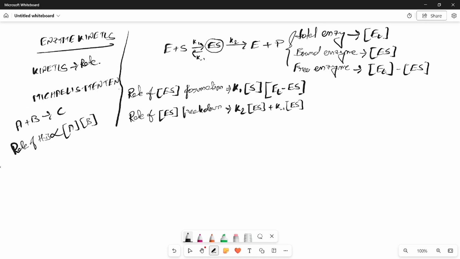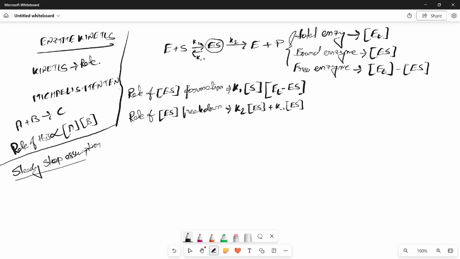Now just considering the basic principle on which this entire enzyme kinetics stands, that is the steady state assumption. What is this?